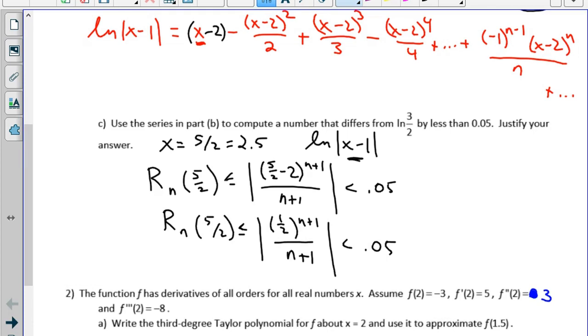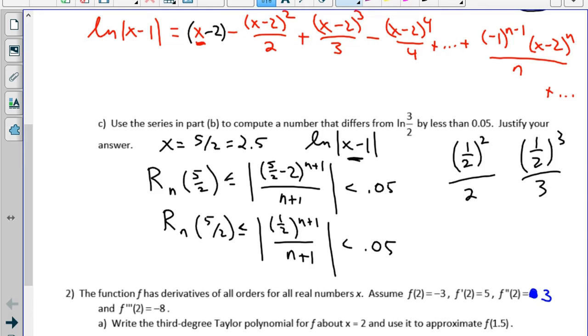So when I start figuring out when that is less than 0.05, it's probably easiest to do one of the following two things. Just start typing this in the calculator. So repeatedly type these things into the calculator.